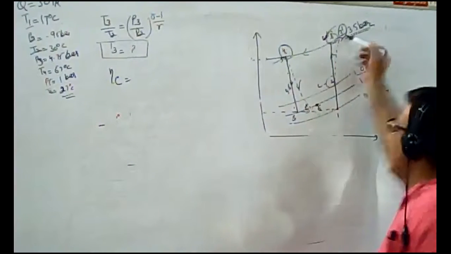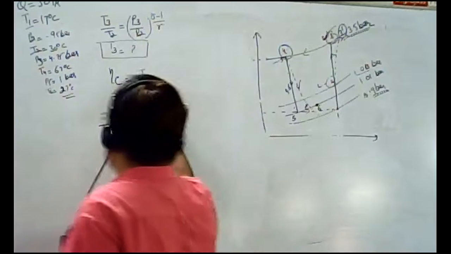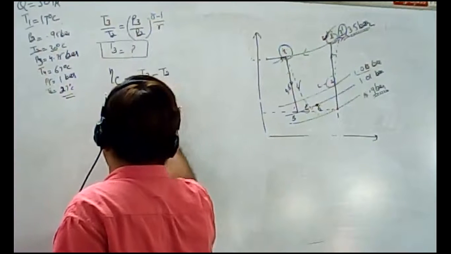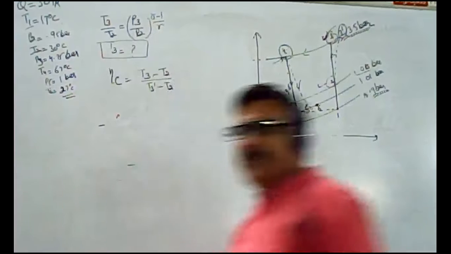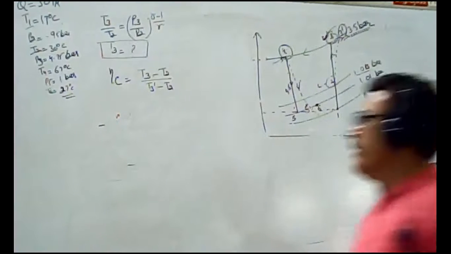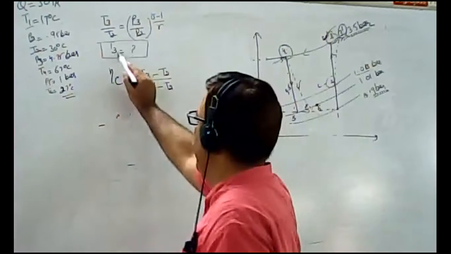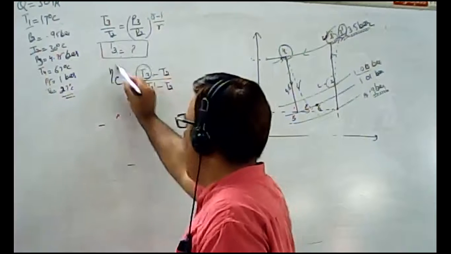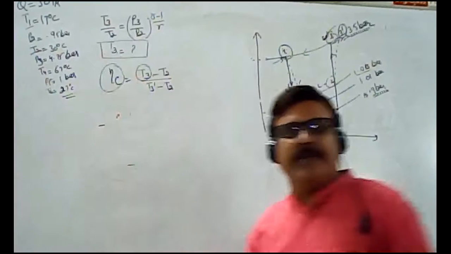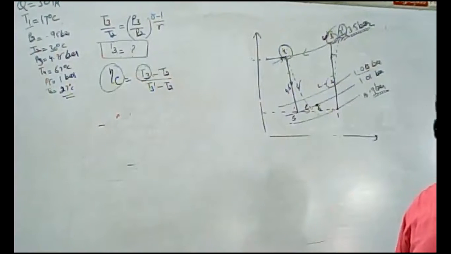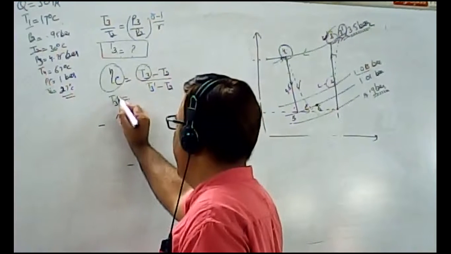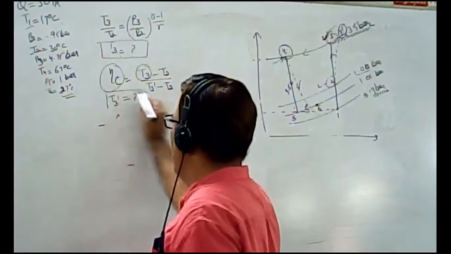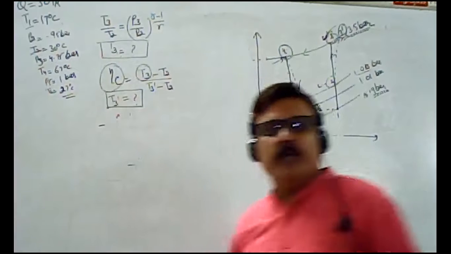From here, isentropic T3 minus T2 divided by T3 dash minus T2. So by putting the value of T3 into this equation, with efficiency of your compressor already given, you can calculate the value of T3 dash.